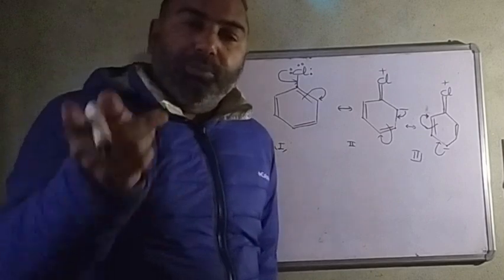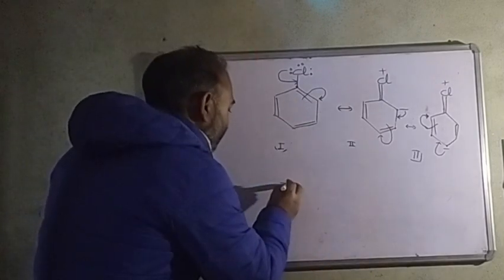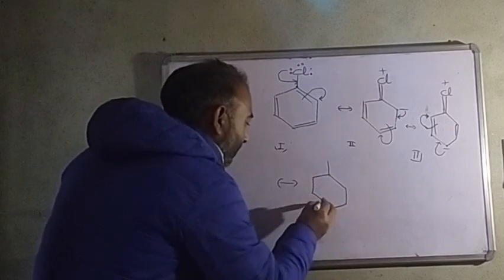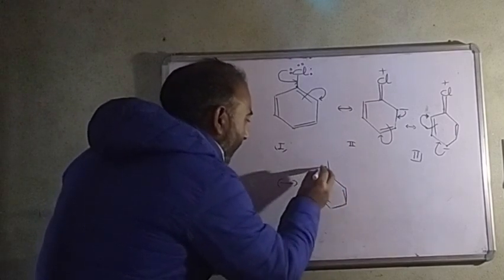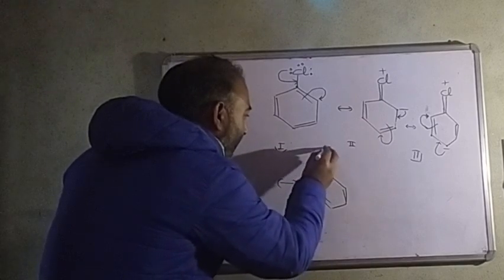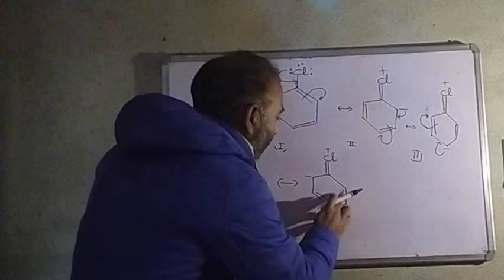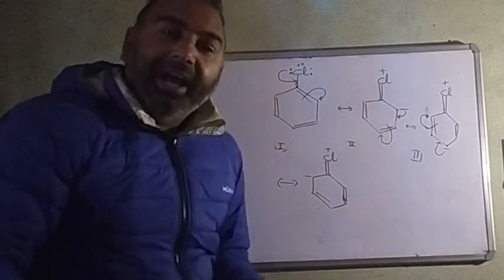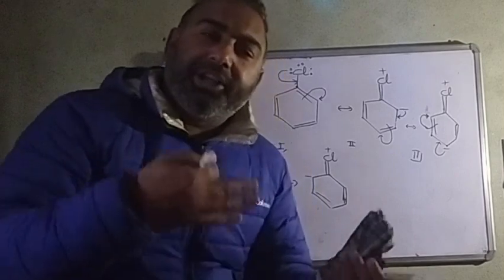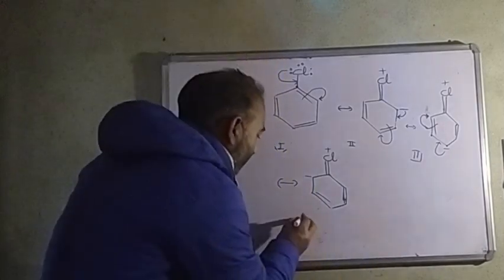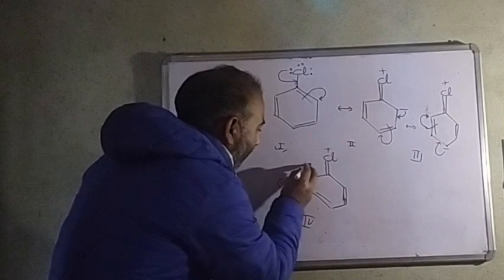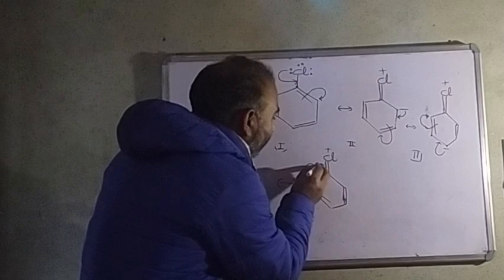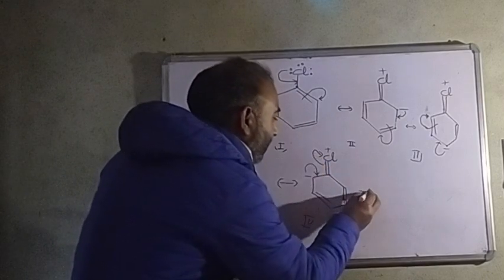Double-headed arrow means movement of 2 electrons. Then the ortho carbon will attain negative charge. Then again we will get the original structure. It will move towards the ring and this pi bond will shift again towards chlorine.